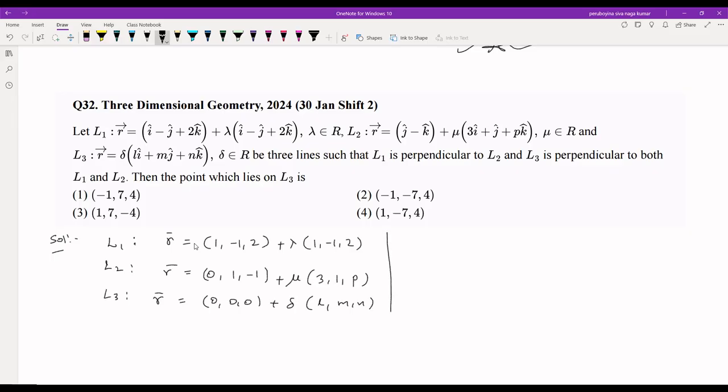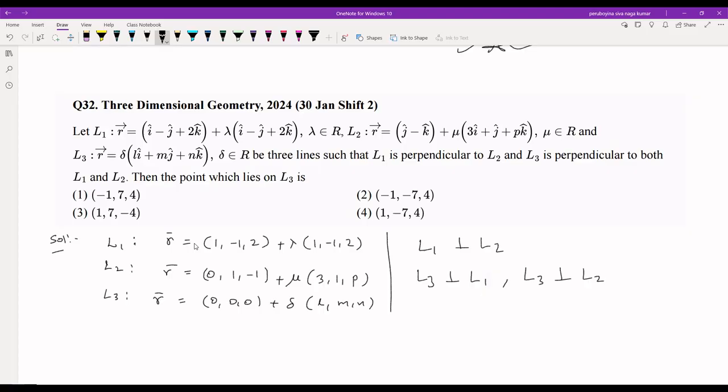He is making the conditions that L1 is perpendicular to L2, and L3 is perpendicular to both L1 and L2. Then we have to identify, out of these 4 options, the one option which lies on the third line. For identifying the third line, what we need: delta value, L value, M value, N value are needed.